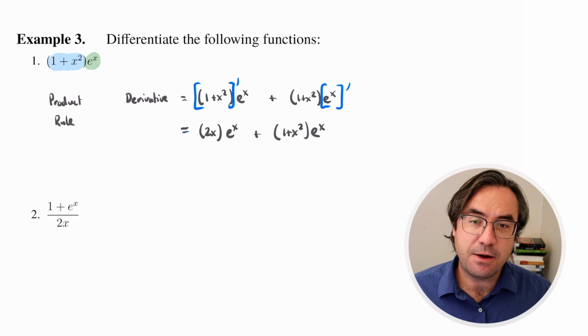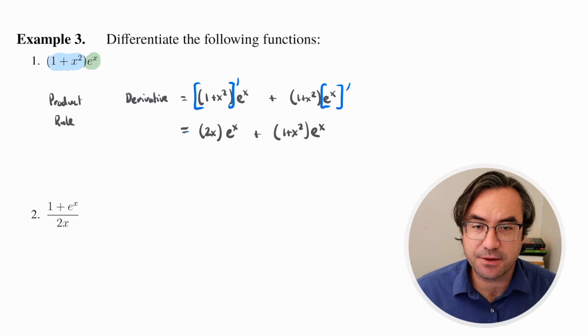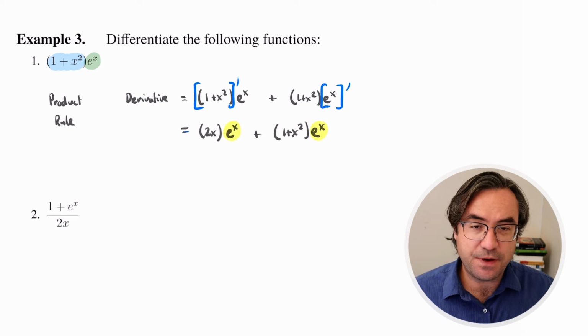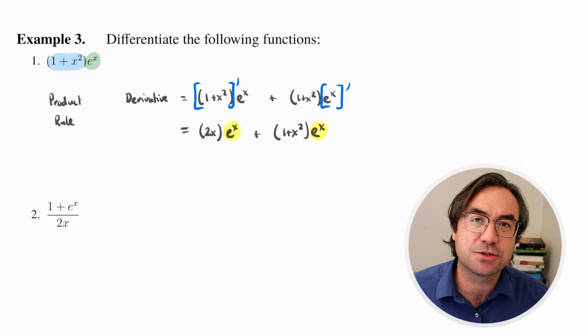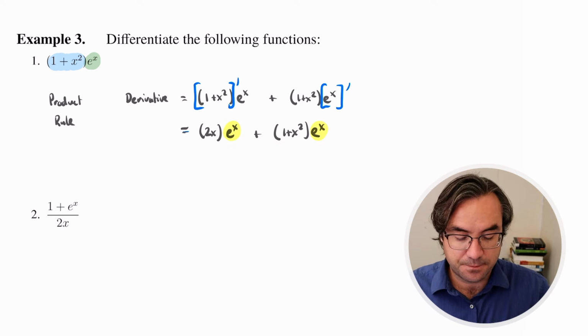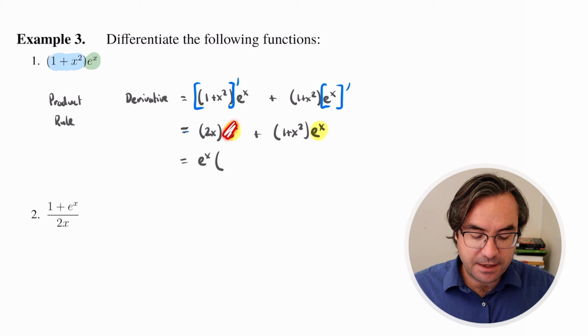Now in this case, it does actually simplify a little bit. Both of these have an e to the x that we could factor out. So sometimes when differentiating these exponential functions, we can do a little bit of factoring. Again, not absolutely necessary, but it can be helpful. So if we factor an e to the x out of here and an e to the x out of here, what are we left with?